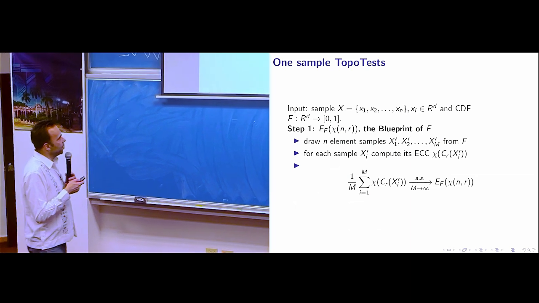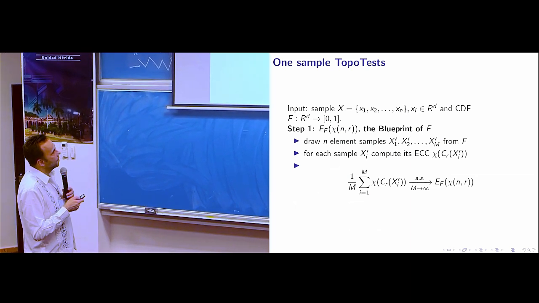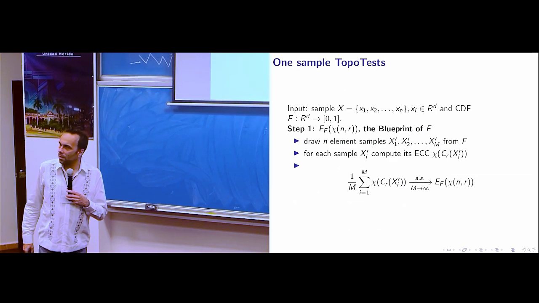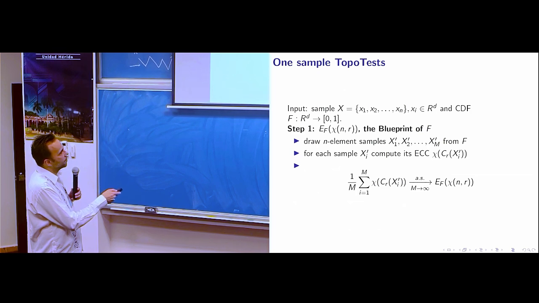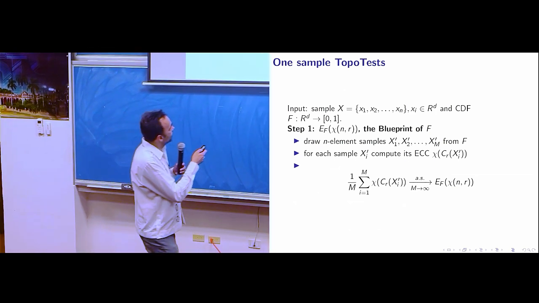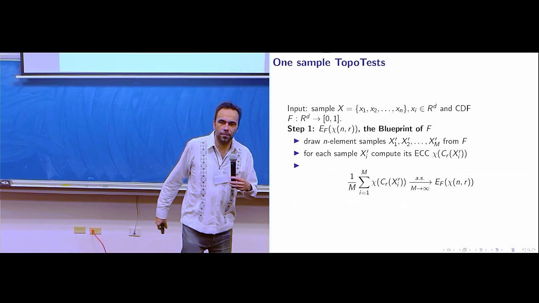We sample a lot of samples of size n, and then compute the average. Each sample gives an Euler curve, and the average will be a curve. I will consider it a blueprint of this cumulative distribution function for a sample size n.